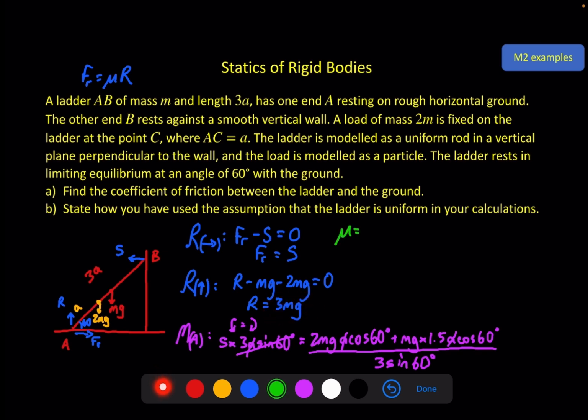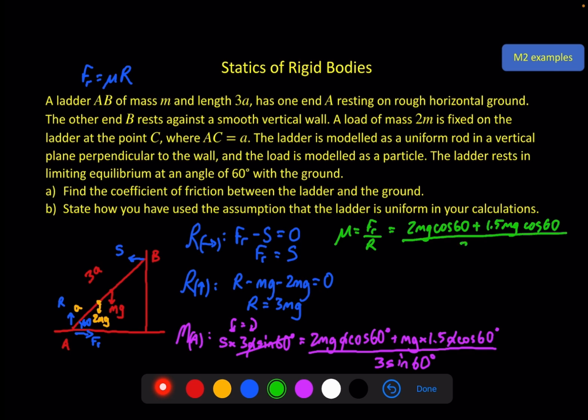So mu is equal to friction over R, which is equal to 2 mg cosine 60 plus 1.5 mg cosine 60, which I've just realized you can add together to make 3.5 mg cosine 60. I'll do that in a second.